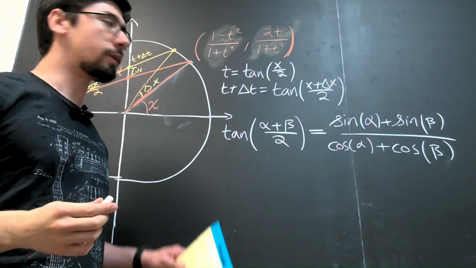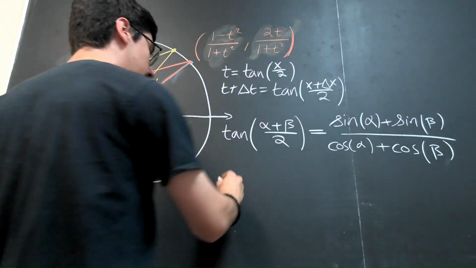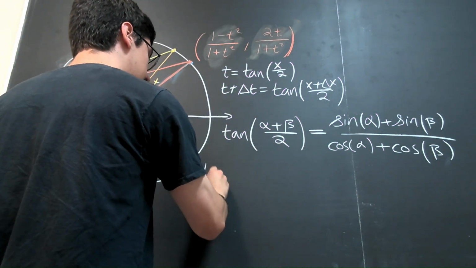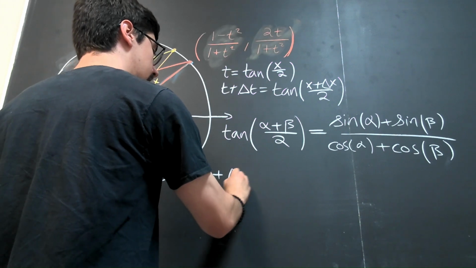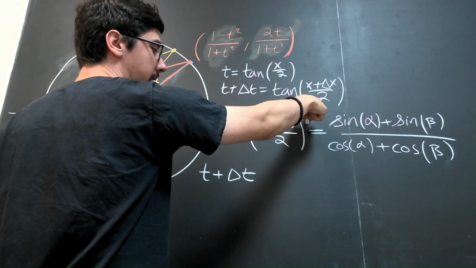And so when we go ahead and use this identity, we have a new relationship to work with. We have that t plus delta t, well, that's the same thing as tangent of x plus delta x over 2.